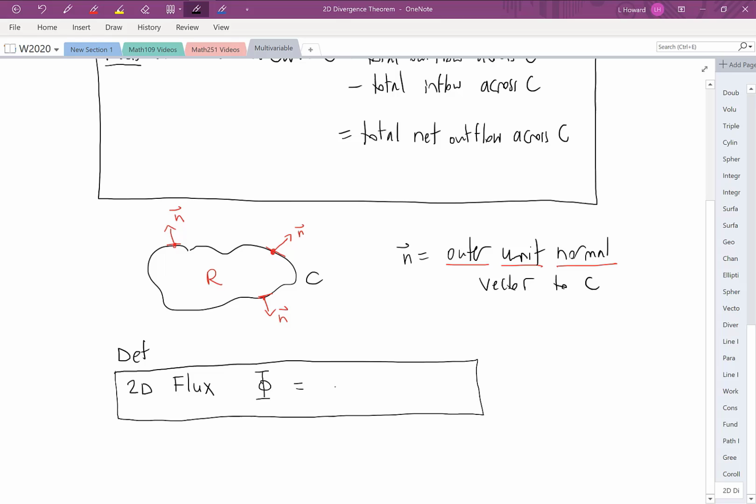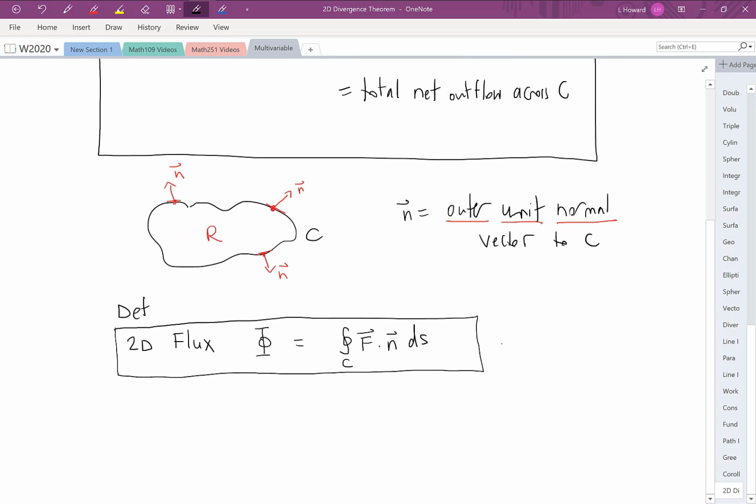The definition of 2D flux is going to be the line integral around C. Since C is a closed curve, we're going to write a closed line integral there. And what we're integrating is the vector field dotted with our outer unit normal vector times ds. Beside this definition, I'm just going to write down our intuitive definition from above. So this is the total net outflow across C.